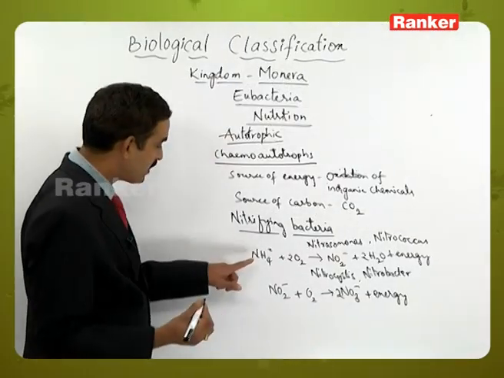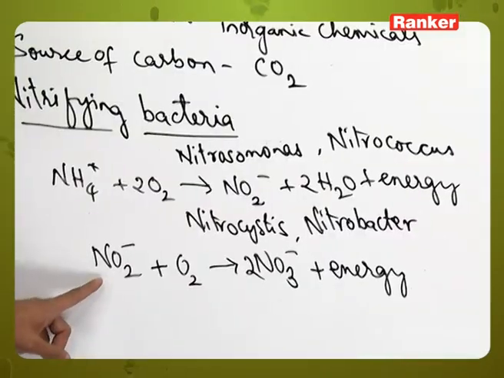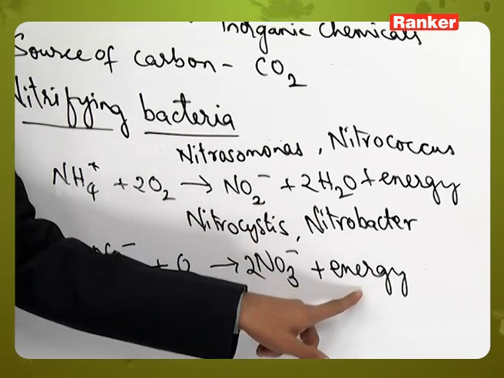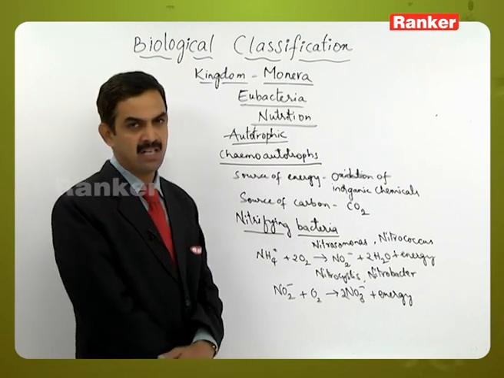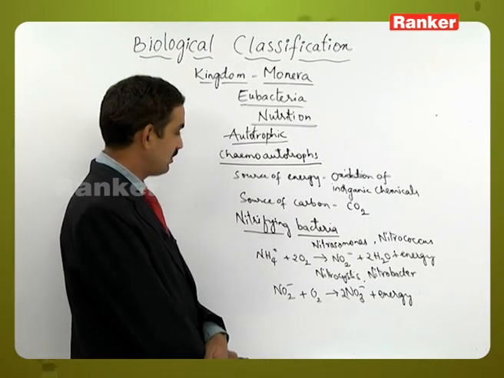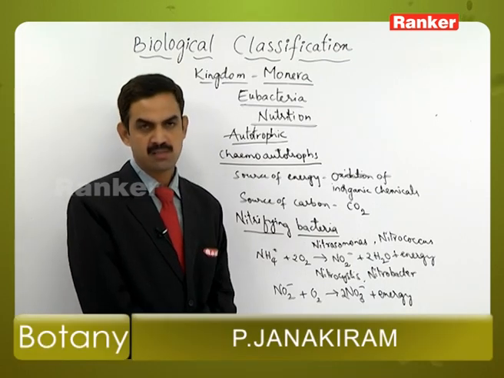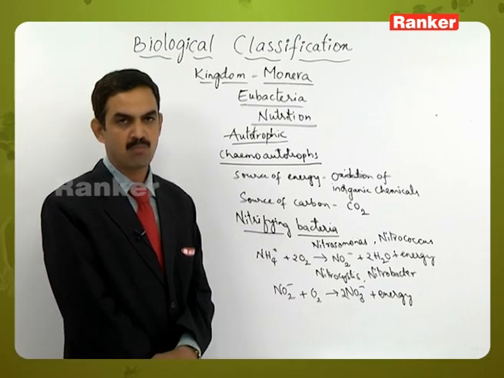That is, when ammonia is oxidized, it is releasing some energy, and when nitrite is oxidized, here also it is releasing some energy. This energy is utilized by the nitrifying bacteria as a source of energy, or the energy which is required for that process is taken from this oxidation of the ammonia or the nitrite molecules.